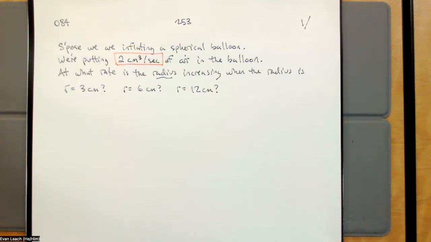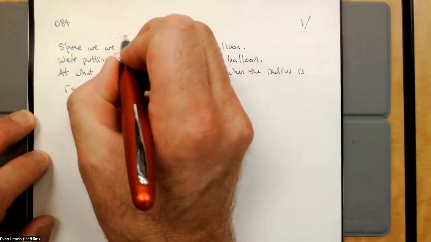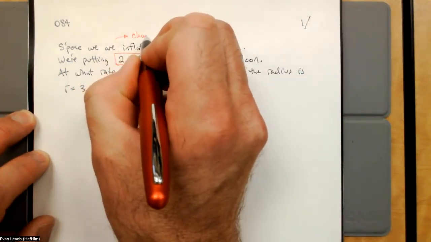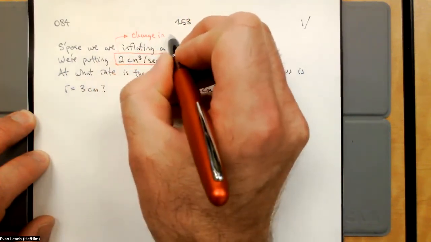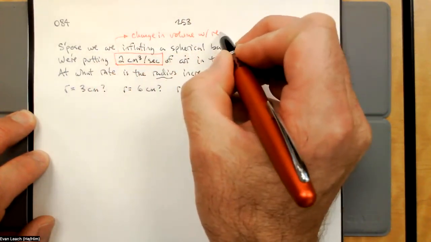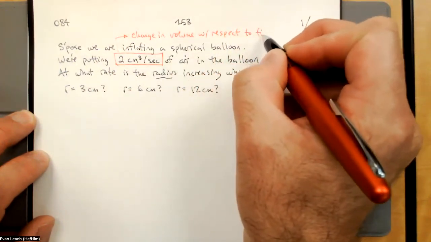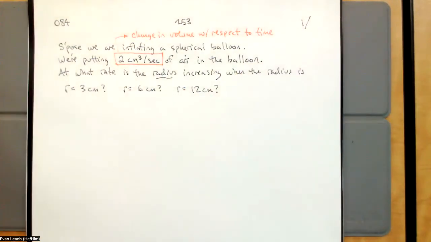So we've got to name this rate. It's how the volume of the balloon is changing with respect to time. So this is the change in volume with respect to time.